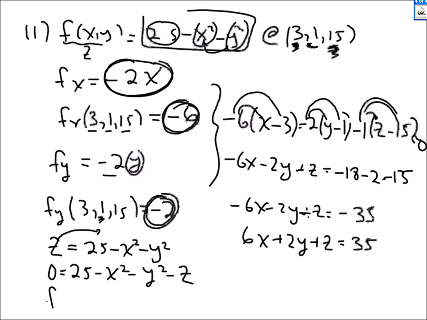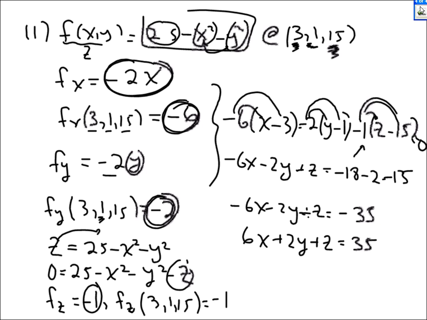And I probably should have done an f sub y. And f sub y is just negative 1. And I meant to say f sub z. F sub z. And since it's a constant, f sub z at 3, 1, 15 will still be good old negative 1. That is why there's a negative 1 there.